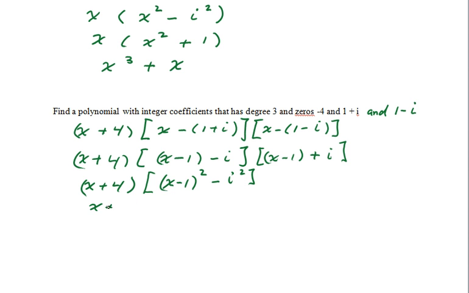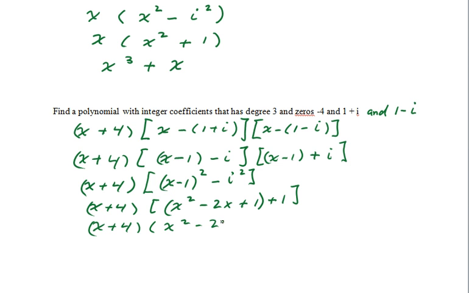That's going to be x plus 4 times (x squared minus 2x plus 1 minus a negative 1, so plus another 1). So it'll be x plus 4 times (x squared minus 2x plus 2). But now we have to distribute the x and the 4 over the x squared minus 2x plus 2.